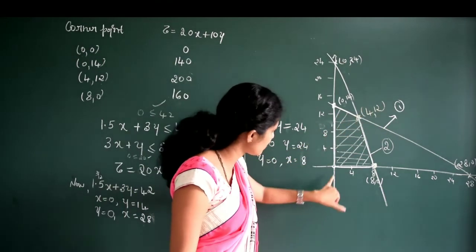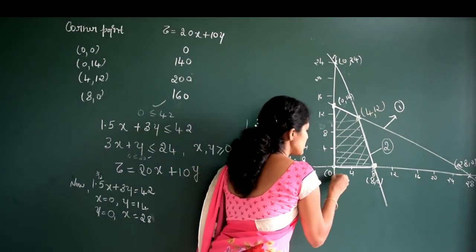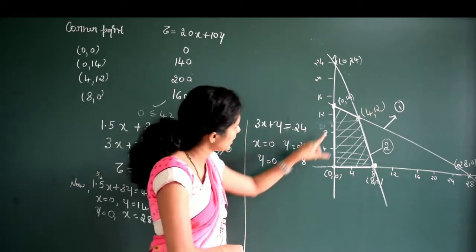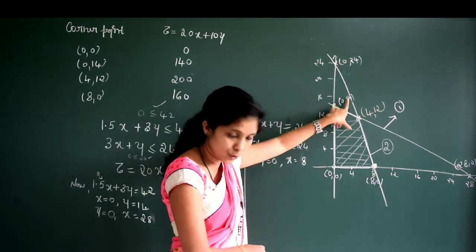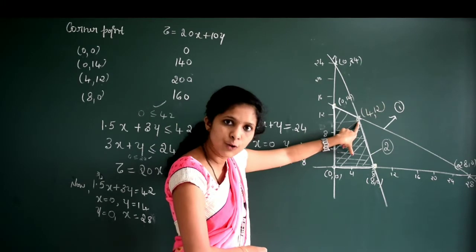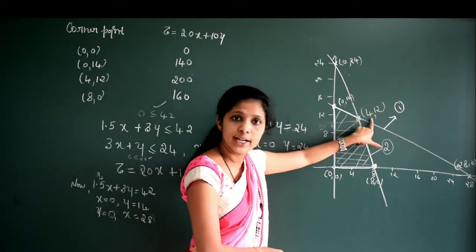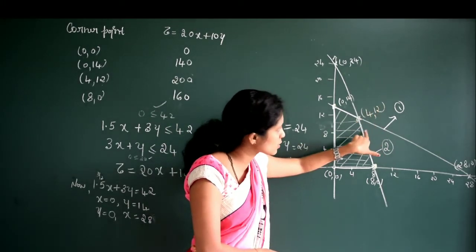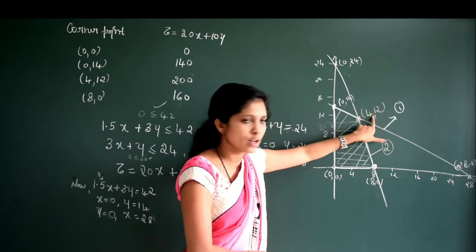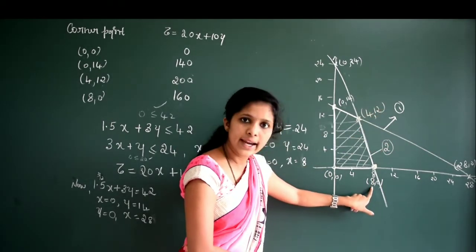Now what are the corner points? One point is 0, 0. Next is 0, 40 and this will be 4, 12. Check in your graph, it should be 4 and 12, or else you solve these two equations and you get 4 and 12. Next is 8 and 0.